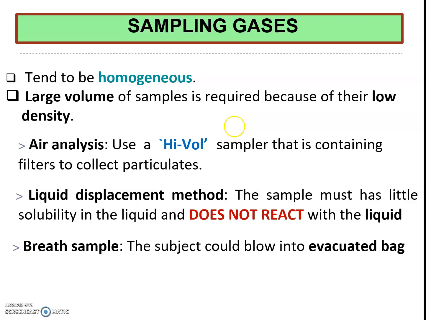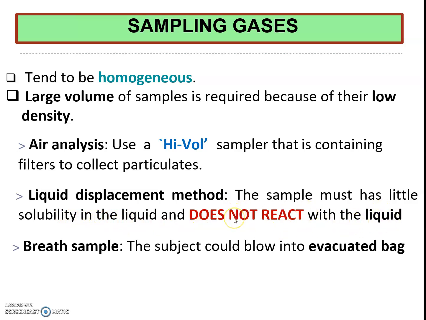Okay, so three method use: high volume sampler or air analysis method. So dia ada filter. So bila sample gas lalu, dia will collect and then we can analyze that sample. Second, liquid displacement method. Okay, the sample has little solubility in liquid and does not react with liquid.